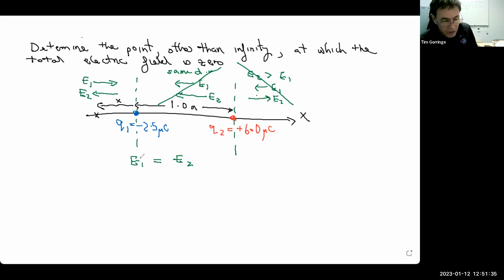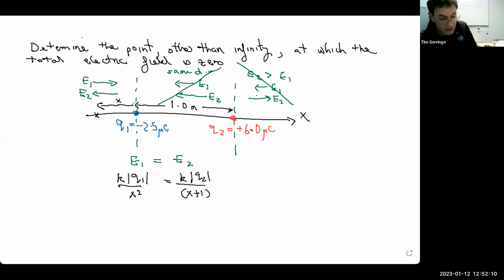With that introduction of that variable, let's write down what E1 and E2 are. E1 is the Coulomb constant times the magnitude of the charge divided by the square of the distance from the charge, x squared. And for E2, its strength is the Coulomb constant times the magnitude of the charge, again Q2, divided by the square of the distance from this charge.